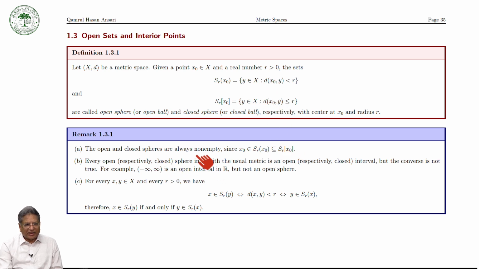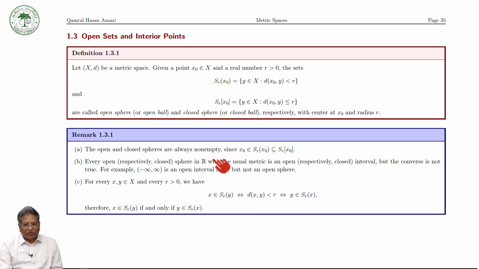And the second remark is that every open sphere in R with respect to the usual metric is an open interval. But the converse is not true. That is, minus infinity to infinity is an open interval in R, but it is not an open sphere.